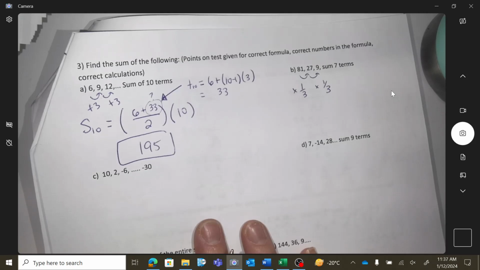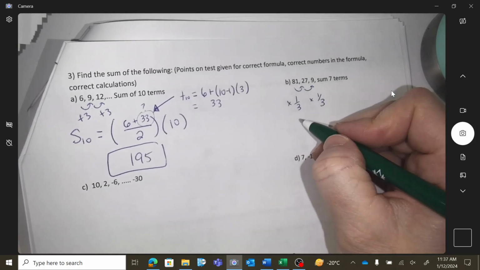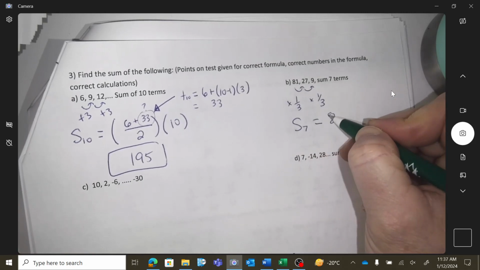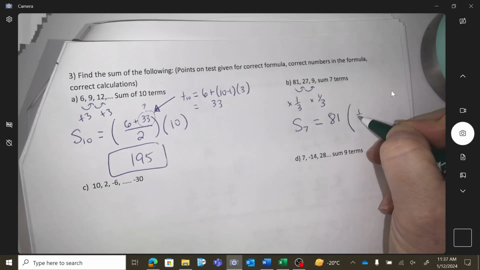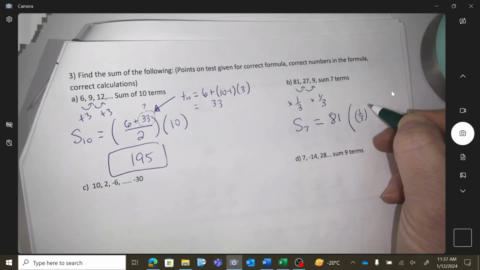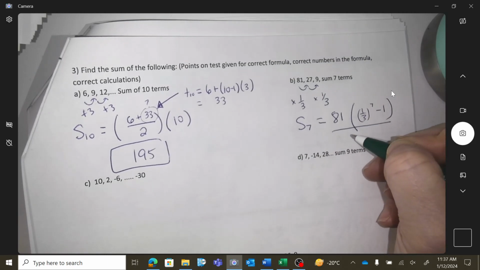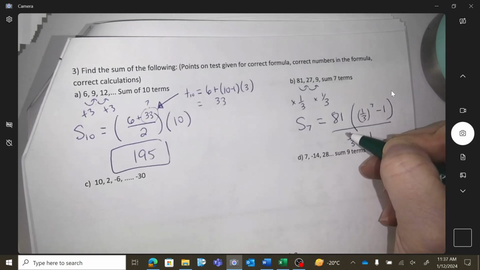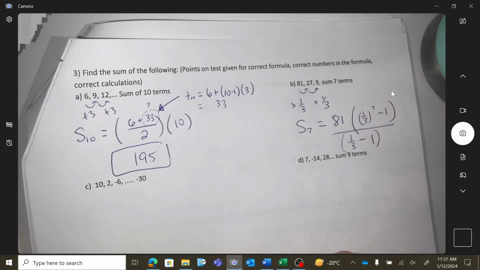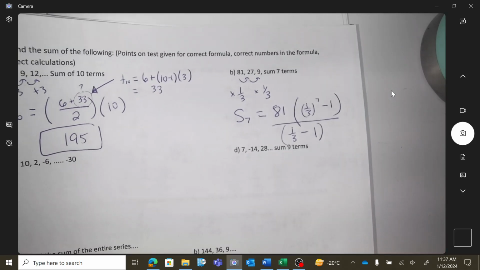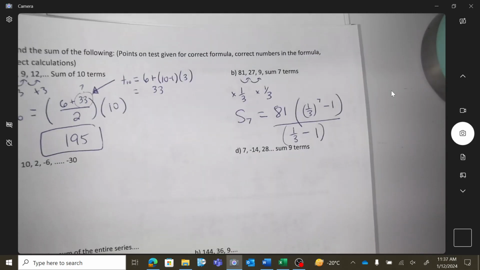A third? So sum of 7 terms equals, figure out which formula to use. r is a ratio, like the multiplier.